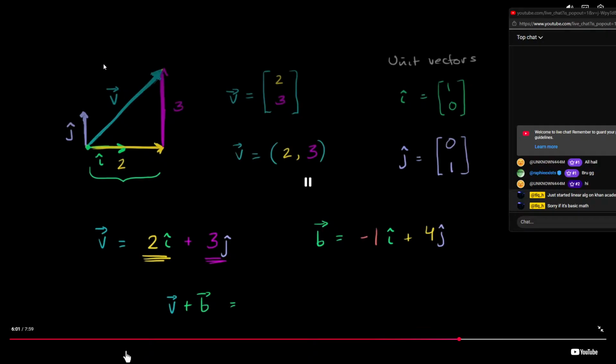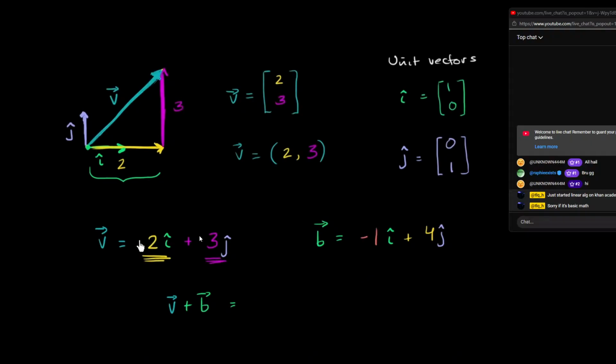Once again, we just literally have to add corresponding components. Let's think about what we're doing in the horizontal direction. We're going 2 in the horizontal direction here. Now we're going -1. So our horizontal component is going to be 2 plus -1 in the horizontal direction, and we're going to multiply that times the unit vector i.